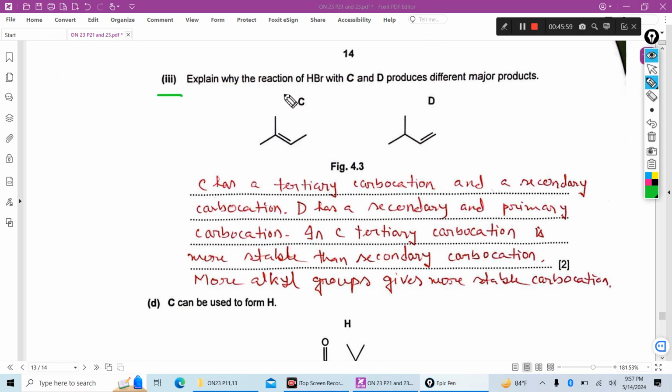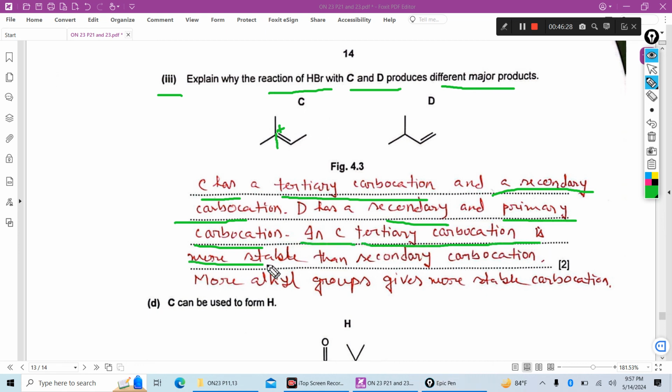Part 3: explain why the reaction of hydrogen bromide with C and D produces different major products. C has a tertiary carbocation and a secondary carbocation. D has a secondary and a primary carbocation. In C, the tertiary carbocation is more stable than the secondary carbocation.